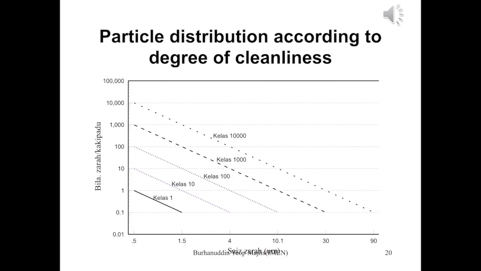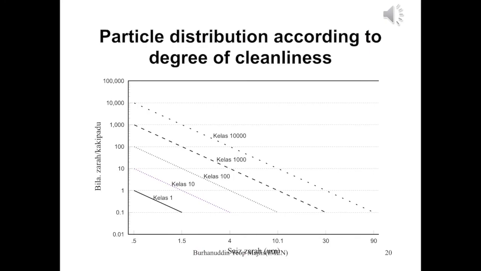And you can see other particles, for example, 0.5 micron particles. The smallest one here is class 1, 1, class 10, 10, class 100, 100, class 1000, 1000. So based on the class of clean room, you can see how many particles exist in the clean room.